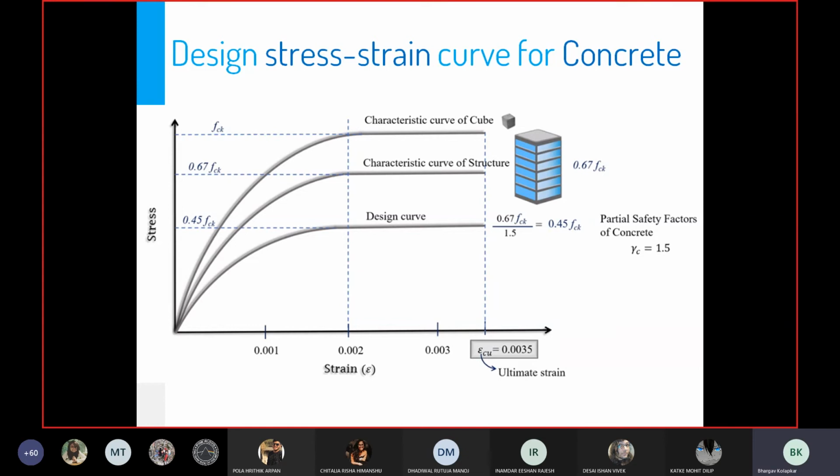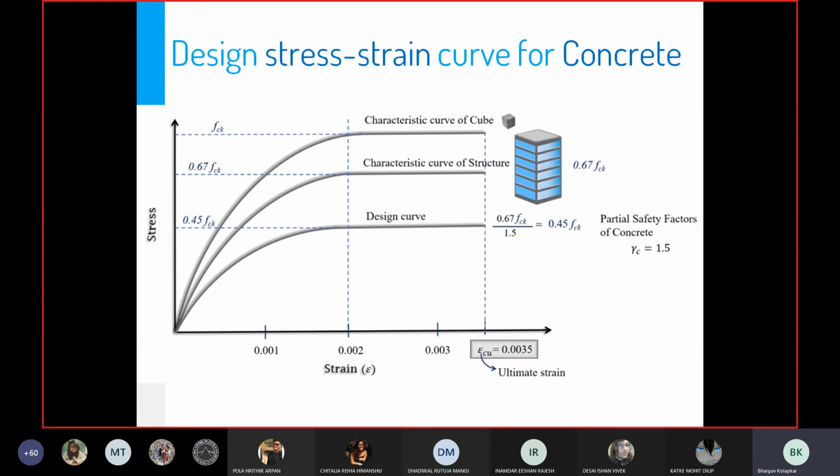The property of concrete is that its strength varies with time. As the concrete cures, there's an immediate gain of strength between day 0 and day 7, and then a considerable increase in strength from day 7 to day 28, and even after that the strength increases further until it reaches a peak, and then the strength reduces.